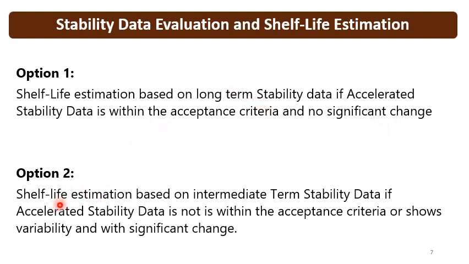And option 2 is shelf life estimation based on the intermediate term stability data, if accelerated stability data is not within the acceptance criteria or shows variability with significant change.